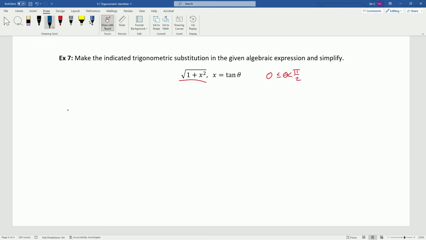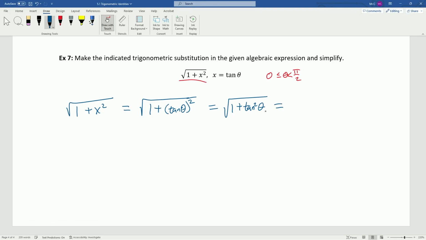Okay, so with that being said, I take my square root of 1 plus x squared. All I'm doing here is just substituting x equals tangent of theta. So I just replace the x with tangent of theta, 1 plus tangent of theta squared, and we generally write this as just 1 plus tangent squared of theta, right? It's the same thing.